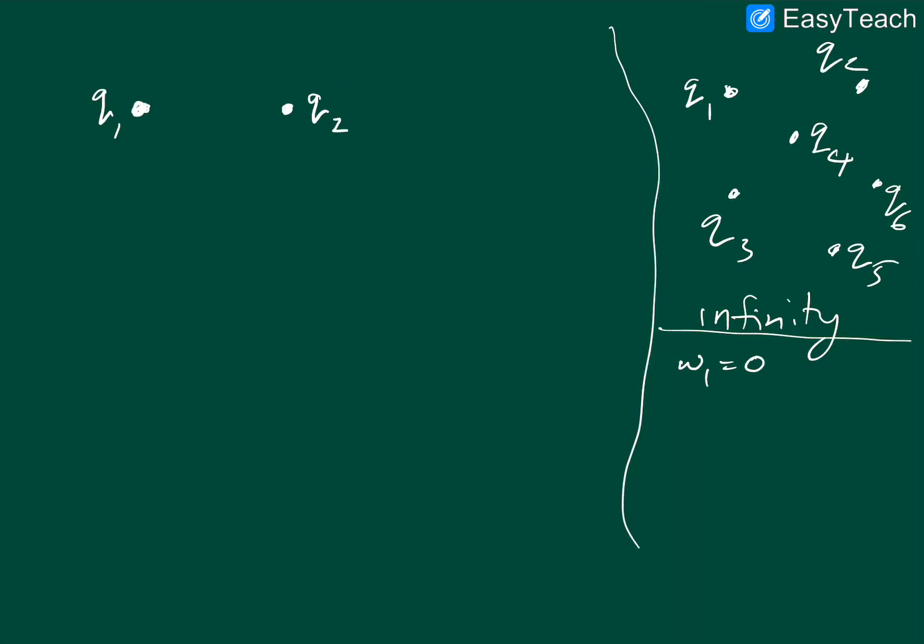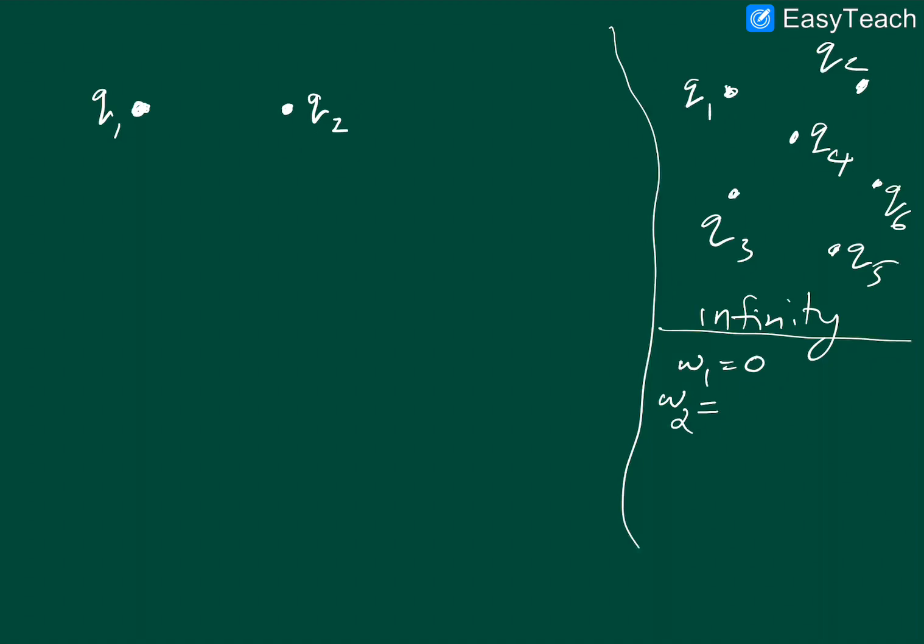So if you try to move Q2 from here to here, your Q1 will not allow you to do this process. This Q1 will always repel your Q2. So it is not easy to move from here to here. That means you need to do external work to overcome this repulsive force exerted by Q1. So you need to do work W2.